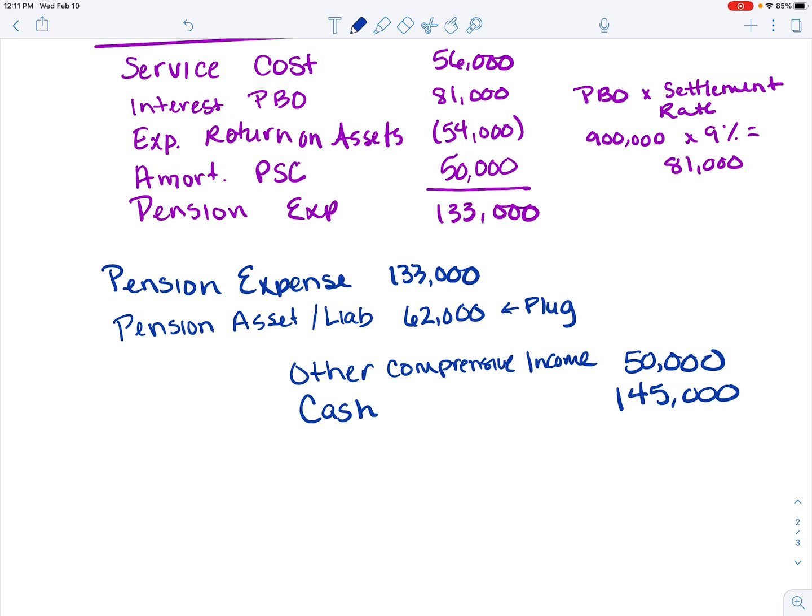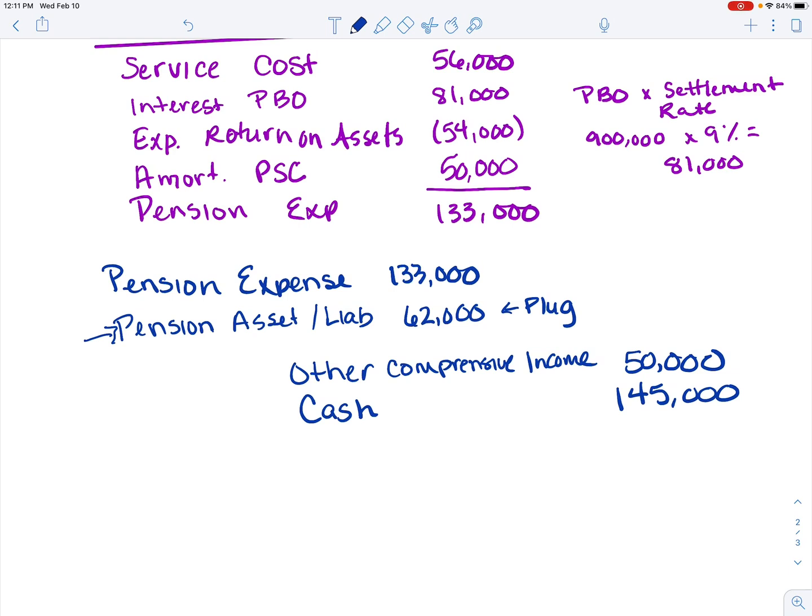So when I come down and figure out the amount of my pension asset or liability on my balance sheet, this is not that amount. This amount is going into that T account, adding or subtracting to that total balance. So this is just based on what is happening that 1 year.